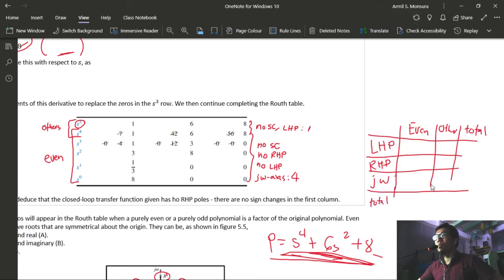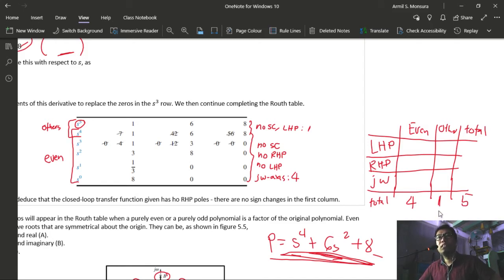Sa even, since 4th degree yung even polynomial ninyo, 4 yung i-expect nating number of poles dyan. Since lahat-lahat, dahil 5th degree yung original polynomial ninyo, 5 yung ini-expect nating poles. So, yung manggagaling sa others, isa na lang.